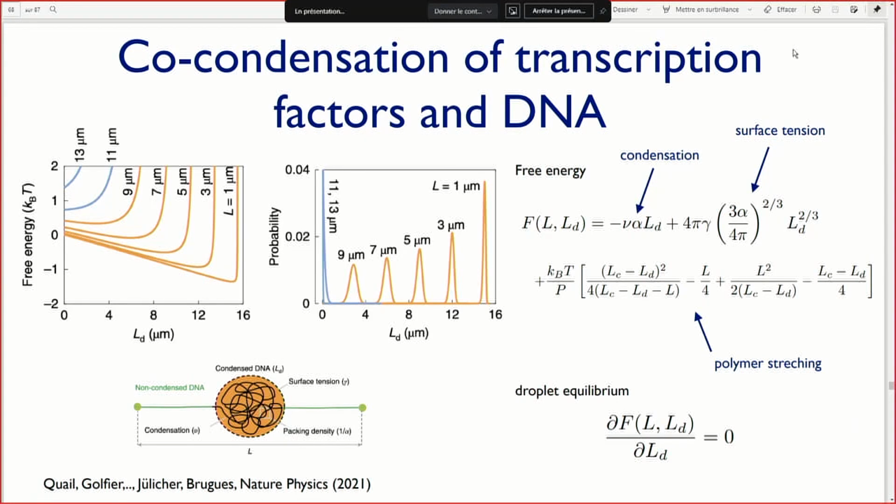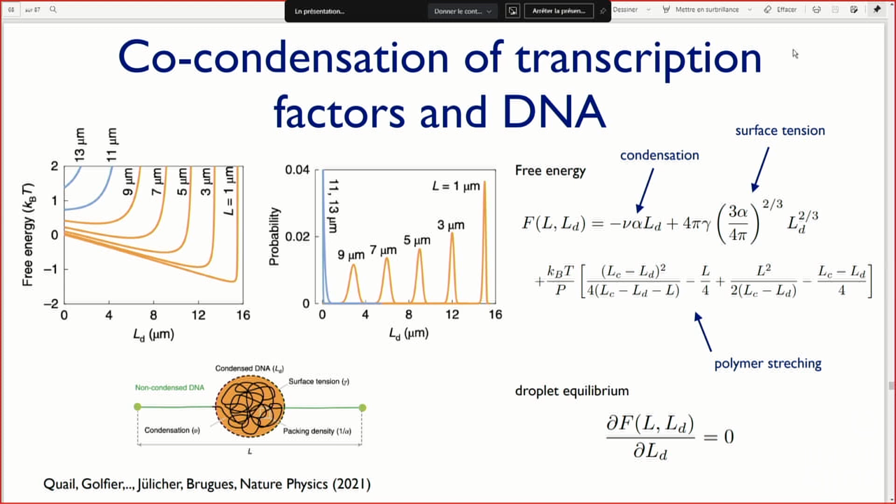Now, because the system is very small and fluctuating thermally, there are fluctuations of LD. And so what one can do is plot the free energy as a function of LD. So we keep L fixed because in the experiment the endpoints are fixed. And if we now vary LD, we change the free energy, and this would be the potentials that you get.